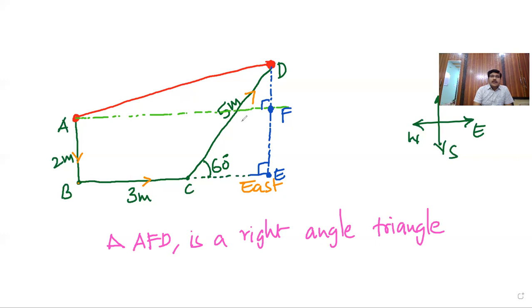In the right angle triangle, if I apply the Pythagoras theorem, what is the Pythagoras theorem? It says that base squared plus height squared is hypotenuse squared. So AD squared is equal to base squared, AF squared, plus height squared, FD squared.